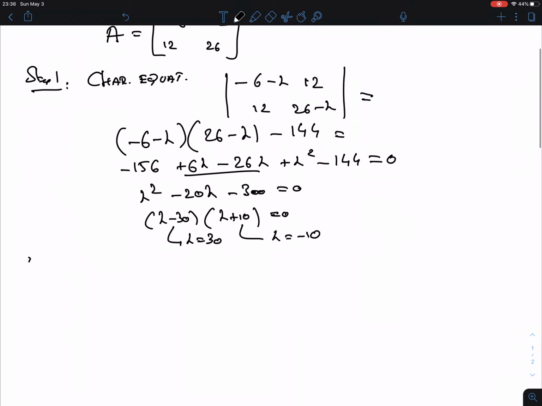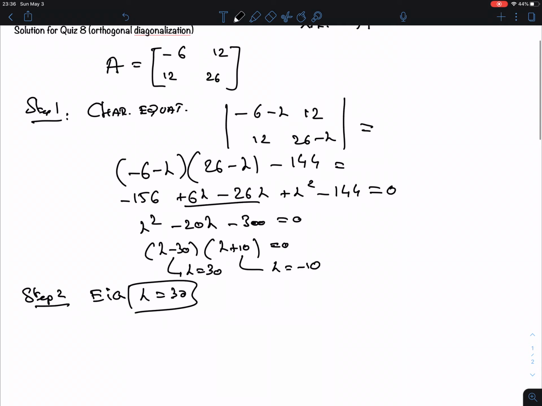Okay, step 2. We need to diagonalize, we need to find the eigenspaces for lambda equals 30. So we subtract 30 from the diagonal, so we get minus 36, 12, 12, and then subtracting is minus 6, right?